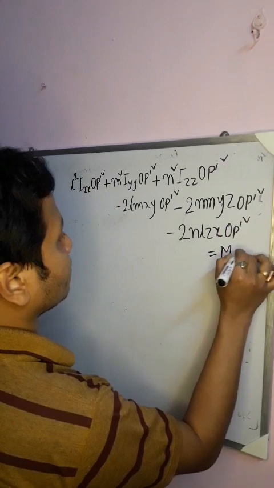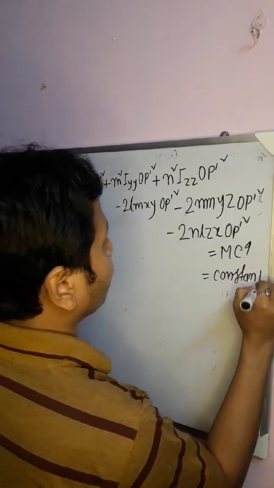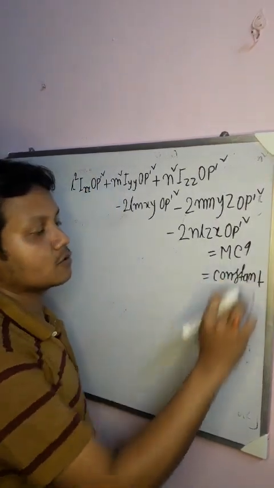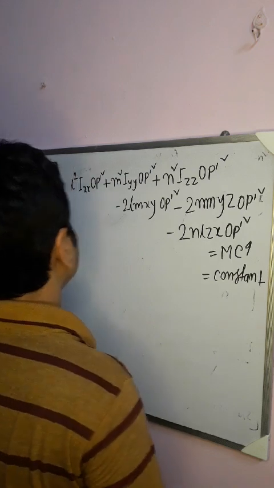This is equal to M c to the power 4. M is the mass of the entire rigid body, and the one and only reason to take this constant is to make both sides dimensionally the same.